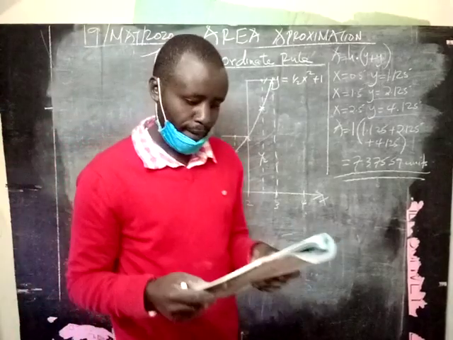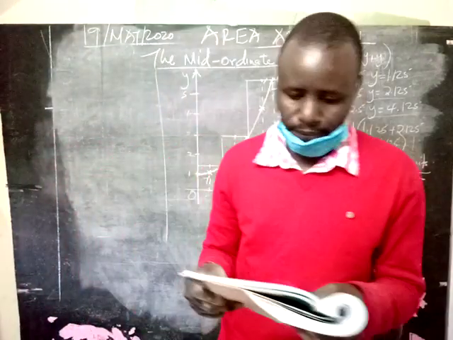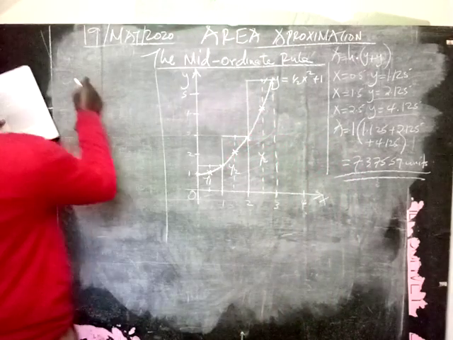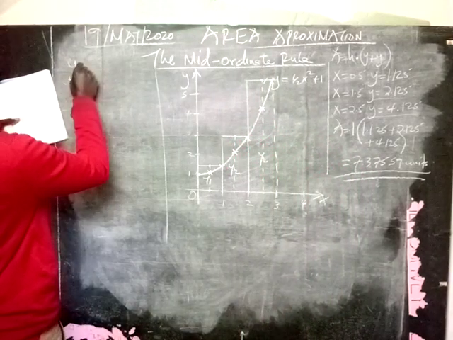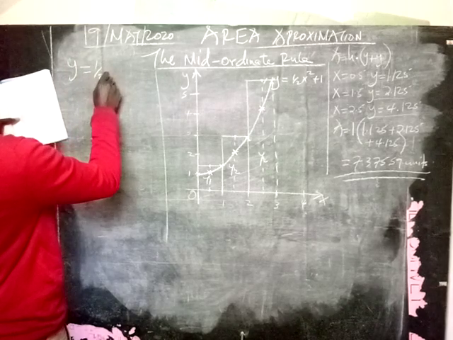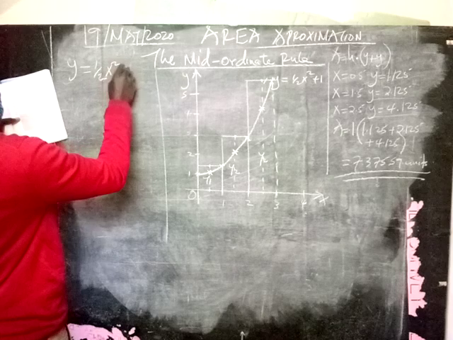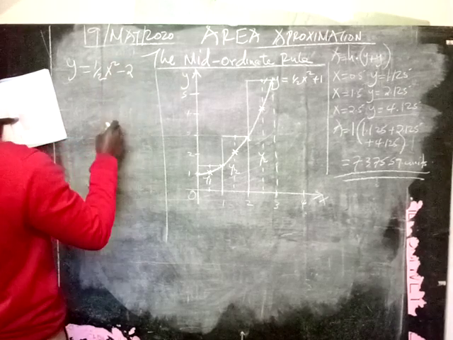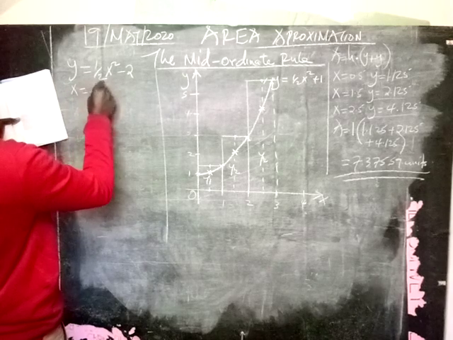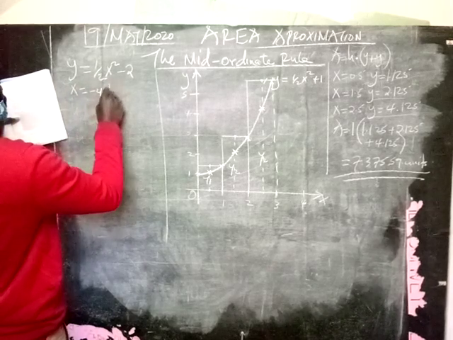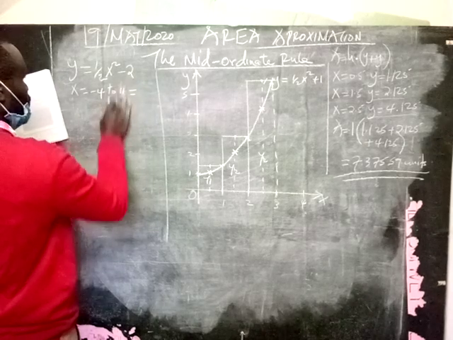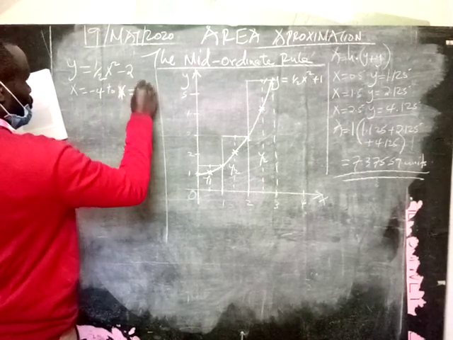Draw a graph of y equals half x squared minus 2 from x equals -4 to x equals 4.